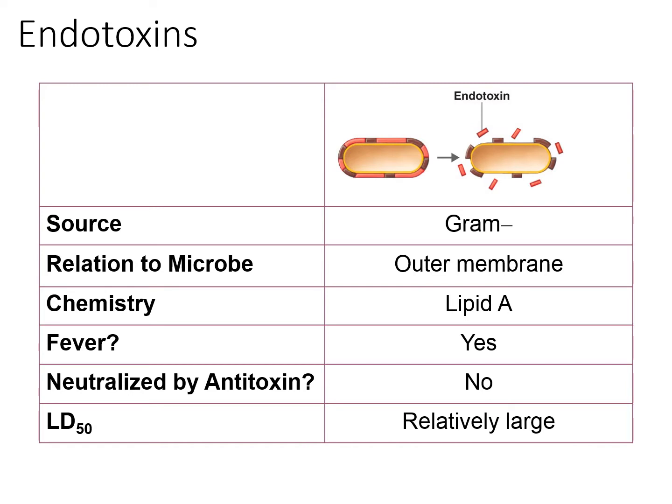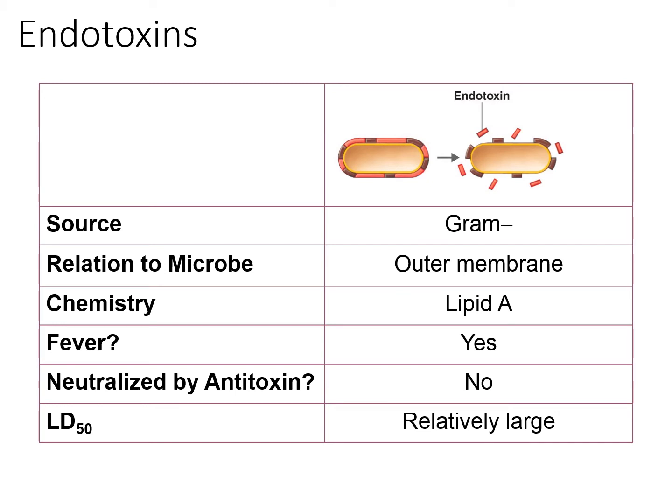Now, what do your endotoxins cause? Any ideas? Well, they can cause a variety of different effects. Many of them are very similar to what we see with the superantigens. So things like fever and shock, for example.